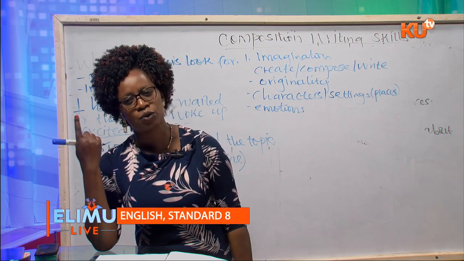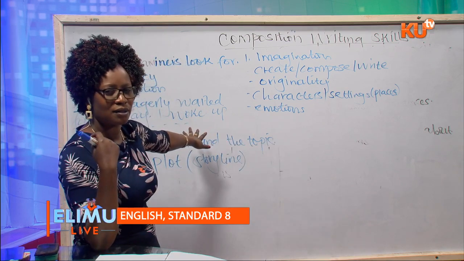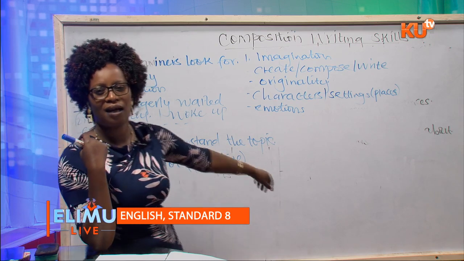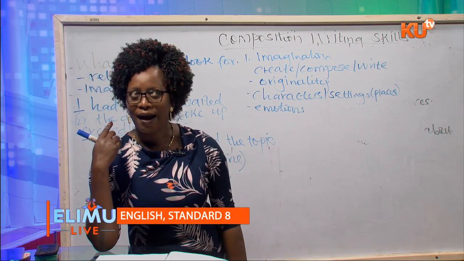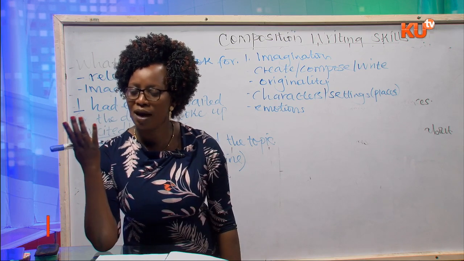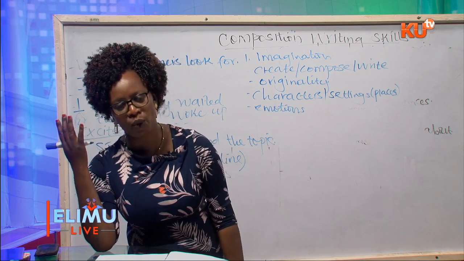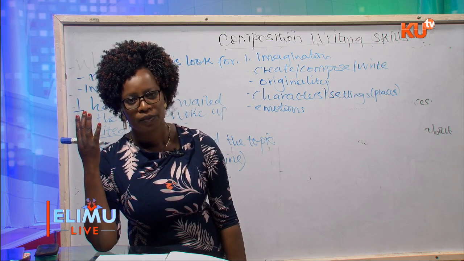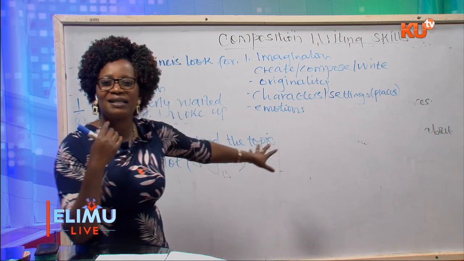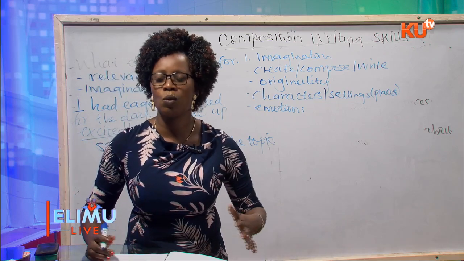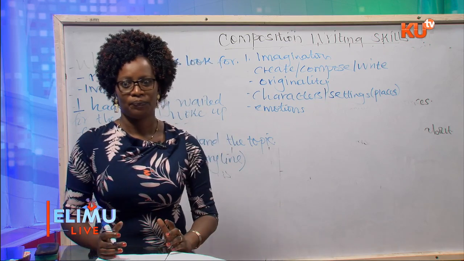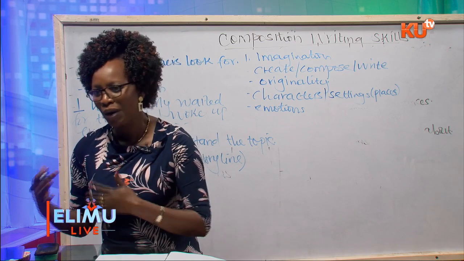Maybe you read a story about a trip to Mombasa, those who have never gone there, a tour to the museum, you have read it somewhere, or maybe a wedding ceremony that someone attended. The wedding was eagerly waited for. You read about it somewhere.